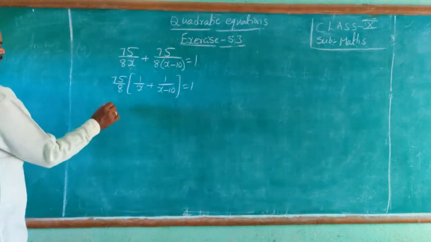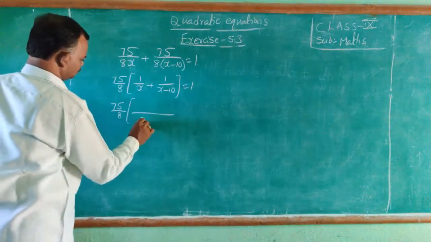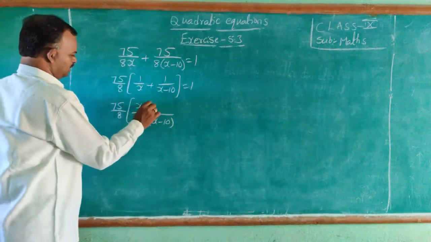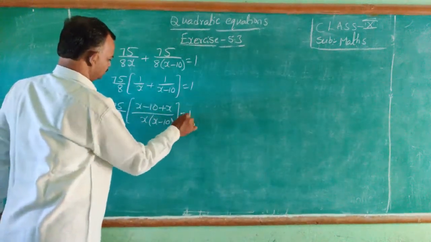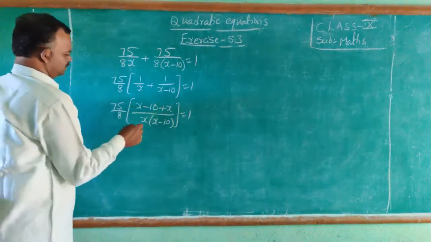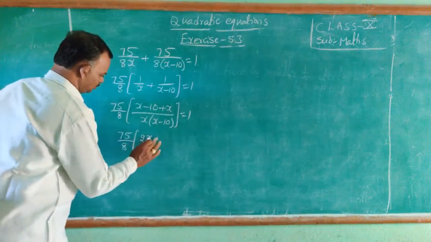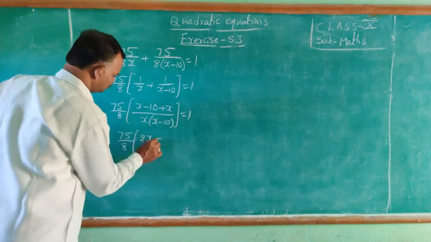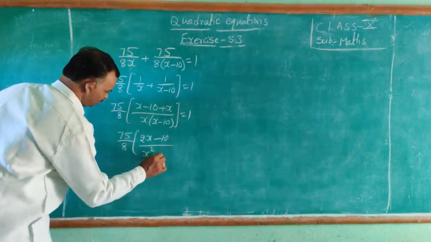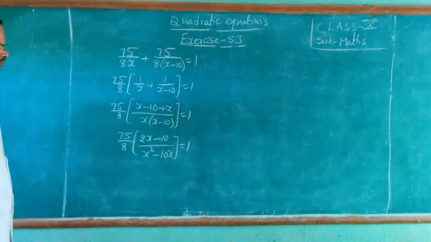Take LCM. x into x minus 10: 1 into x minus 10, plus x, that is equal to 1. x plus x, 2x minus 10, by x into x minus 10, that is x square minus 10x.